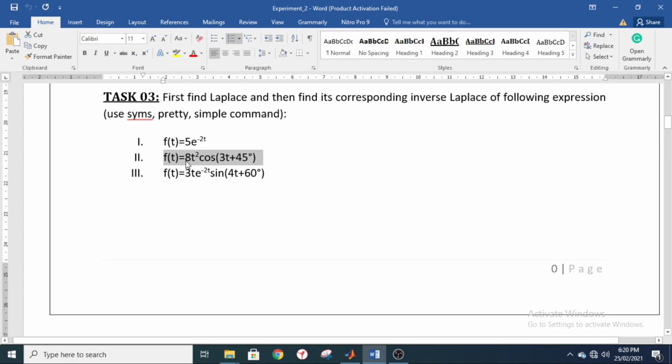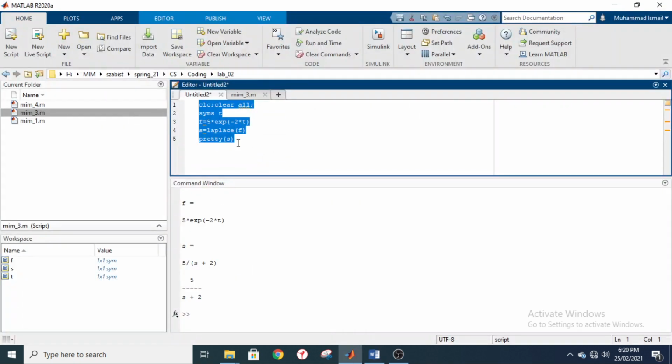Okay, let me define this equation. Let me comment this one out.